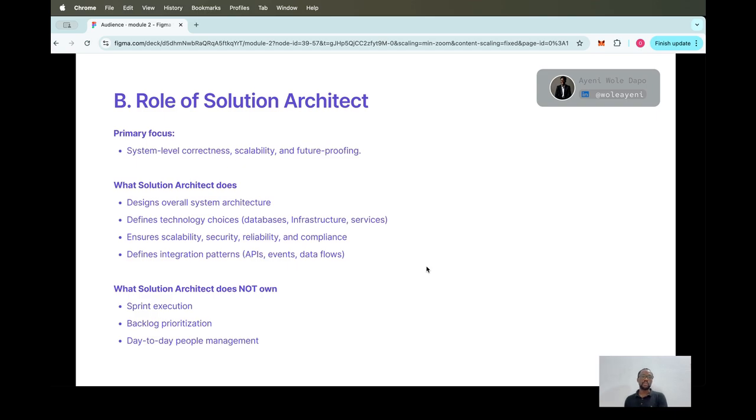Are we using MongoDB? Are we using NoSQL? Are we using MySQL Server? What infrastructure should power our solution? AWS? Should we be using Microsoft? Should we be using Google Platform? They are responsible for ensuring the system is scalable, reliable, and 100% compliant. They are not responsible for defining sprint execution, backlog prioritization, or even day-to-day management of the engineers.